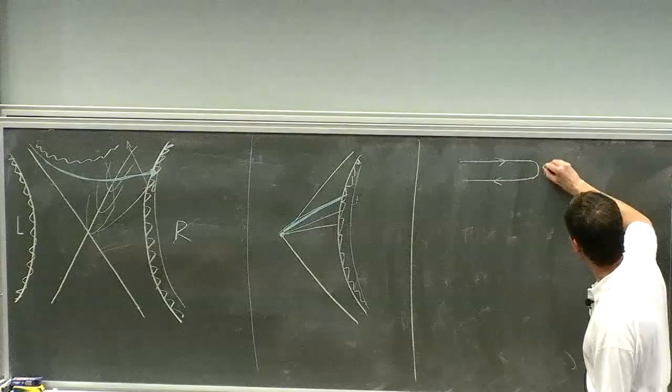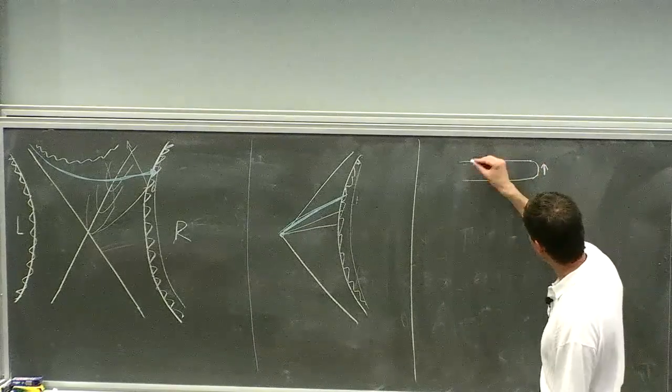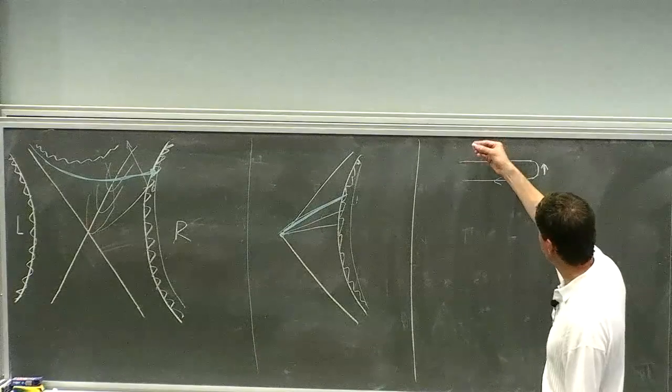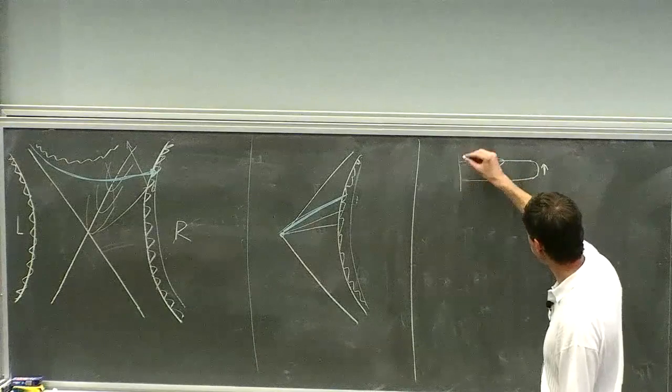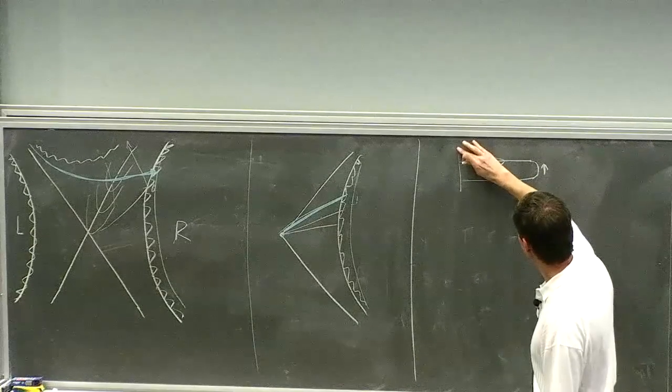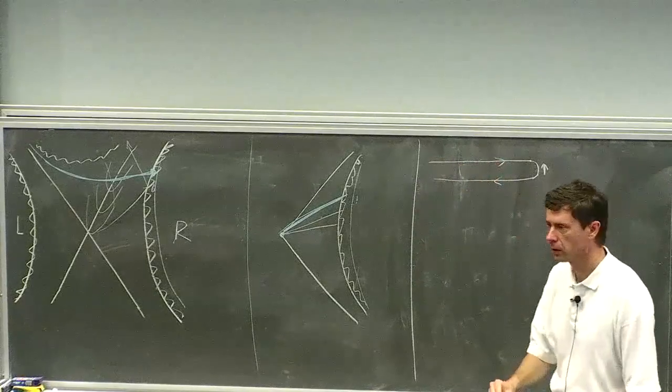Here we put a qubit or a spin that interacts with that boson. And here we can put two different things. One possibility is to leave it open, infinite.